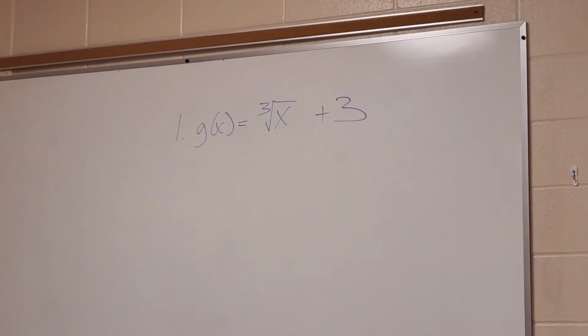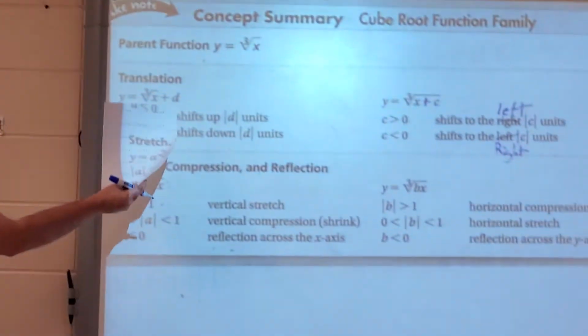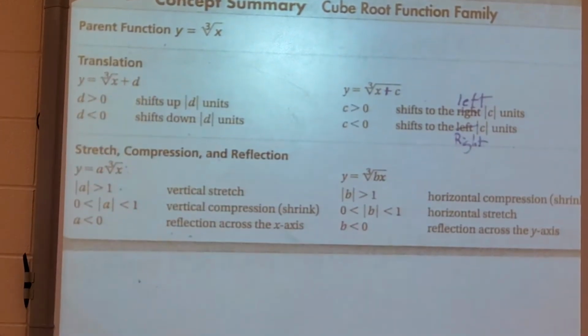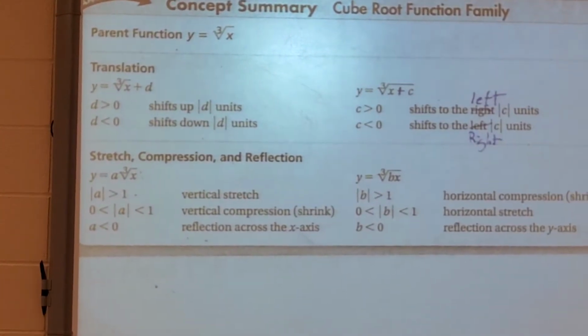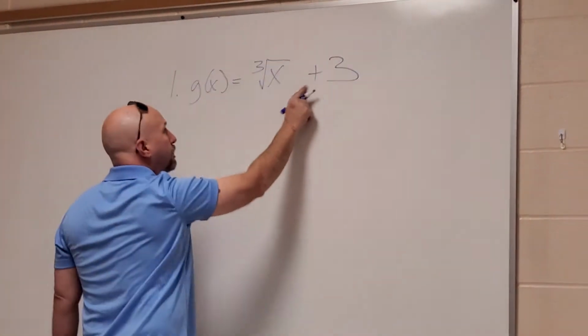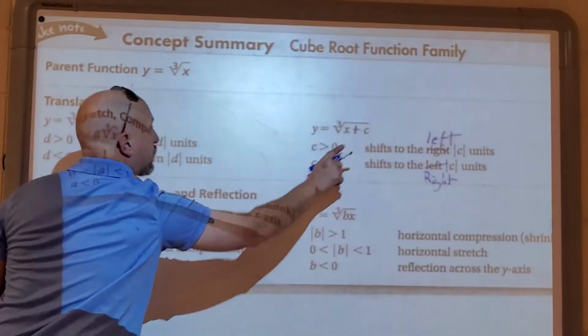All right, so which one does this look like? It's either going to be this one, this one, this one, or this one. Okay? So we're talking about cube root. That's our parent function. And this plus 3 is not under the square root symbol.